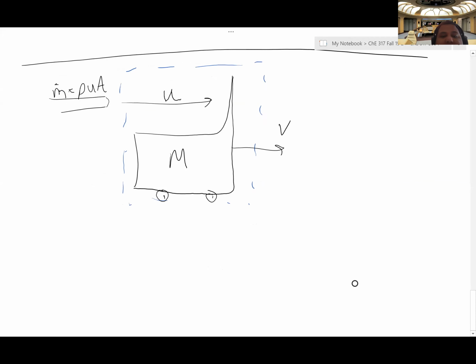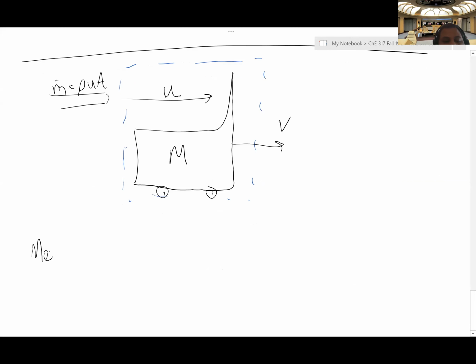So the way we're going to look at this one for right now is we're going to consider the control surface or system is going to be moving with the trolley.